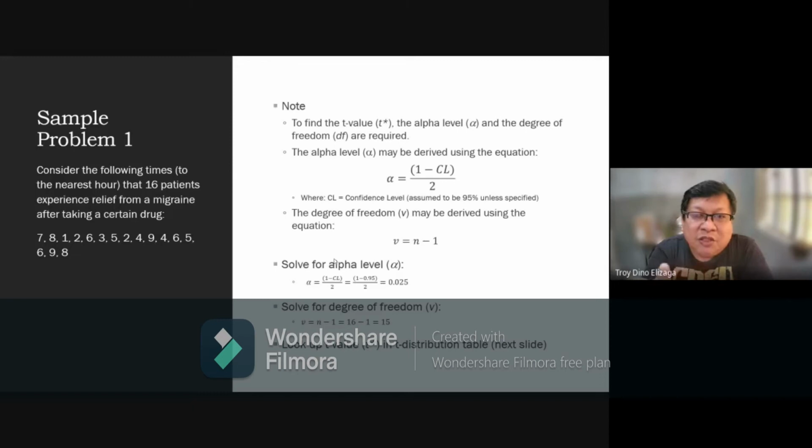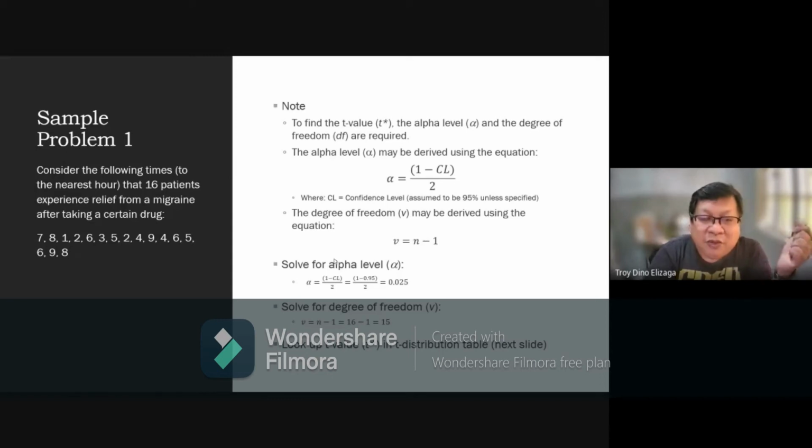Since we know the confidence level is 95%, we deduct that from 1, and then divide that by 2, and so we get our alpha level of 0.025. And for the degree of freedom, the formula is n minus 1, or the sample minus 1. Our sample is 16, we deduct 1, so it's 15.